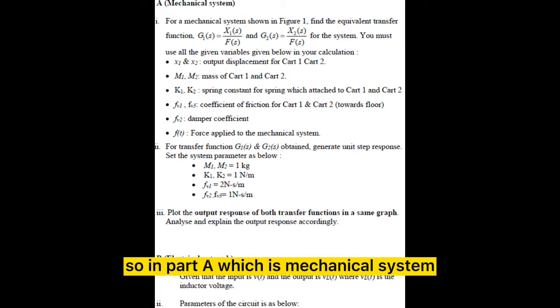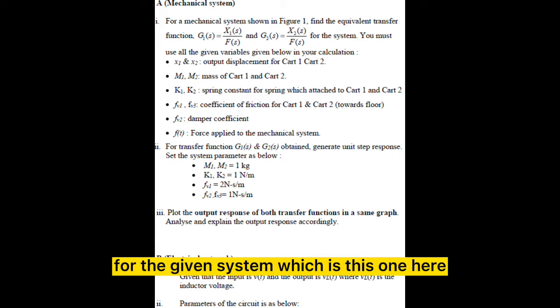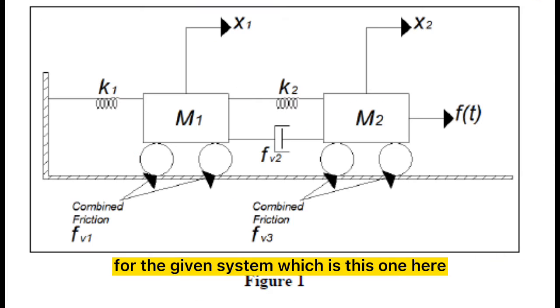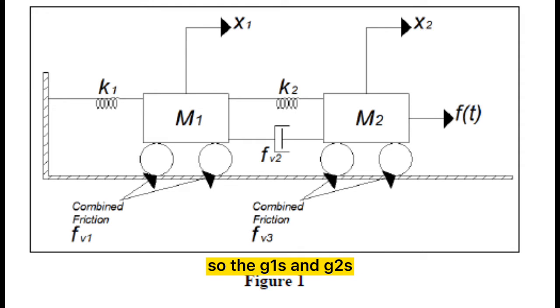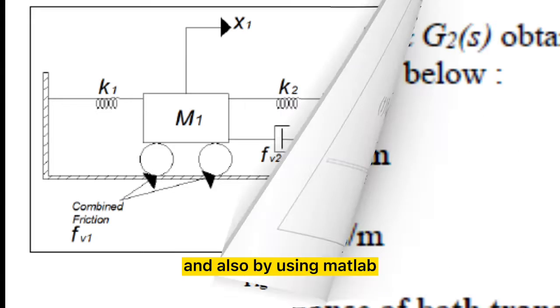So in part A, which is mechanical system, we need to get the transfer functions G1(s) and G2(s) for the given system, which is this one here. This system is a translation mechanical system. So G1(s) and G2(s) are what we have to find by manual calculation and also by using MATLAB.